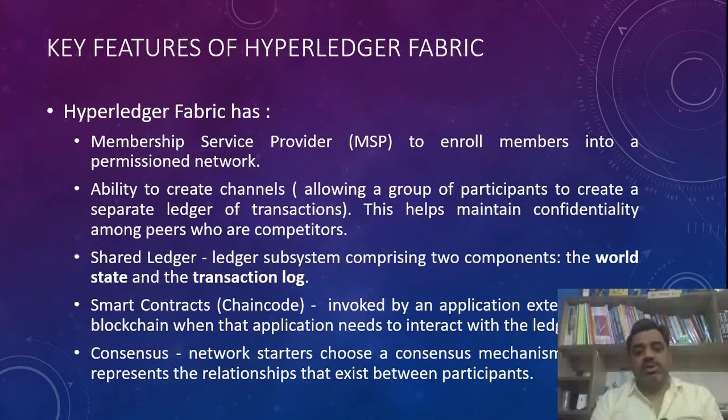Then we have a consensus protocol here. In the consensus protocol, the network starters choose a consensus mechanism that best represents the relationship that exists between participants. So I need not have 51% consensus here like in other blockchains. What I will have is a couple of nodes authorized to verify the transaction and add the transaction to the blockchain.